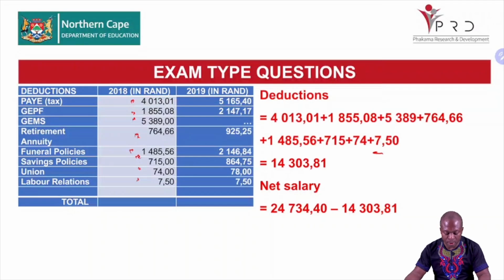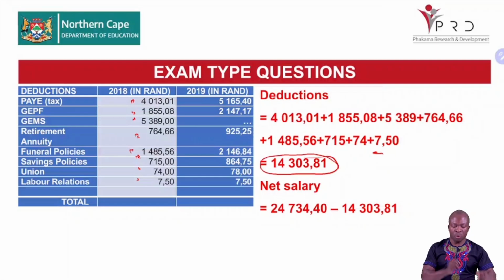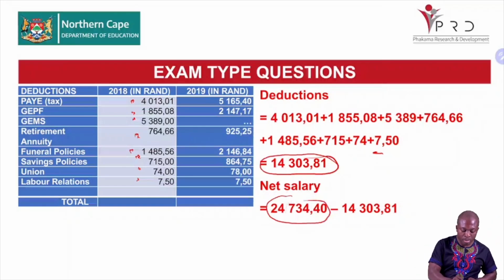That is very great. So now, all these are deductions. So we are looking for the net. How much money is left after everything? Remember how we got 24,000? We worked out 100 over 1,855. Divide everything by 7.5%. We ended up getting the 24,000.